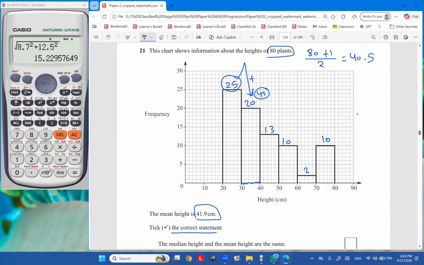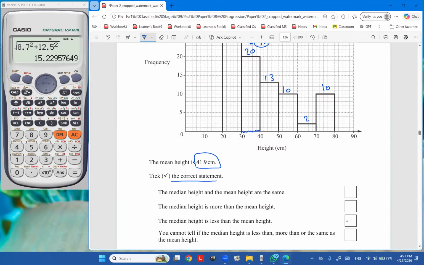So again, all I've done is find the position of the median, 80 plus 1 over 2, 40.5, and then found that 25 plus 20 is 45, which passed the 40.5. So it is a number somewhere between 30 and 40, definitely less than the mean. Less than the mean is this one: the median height is less than the mean.